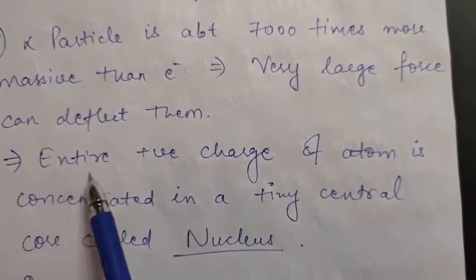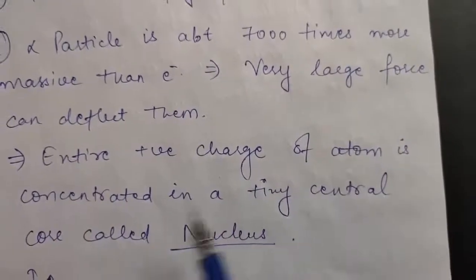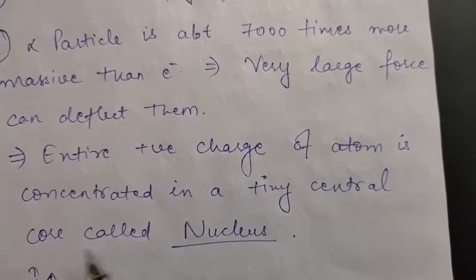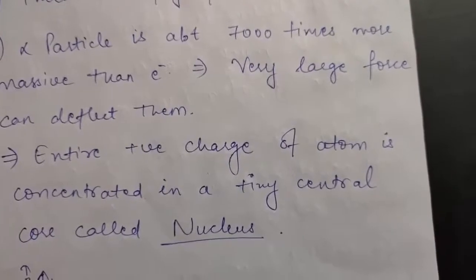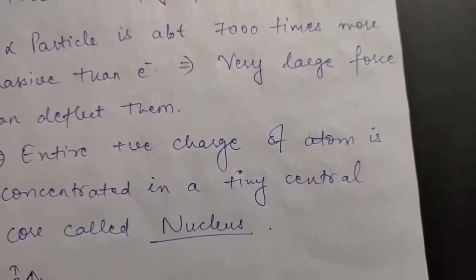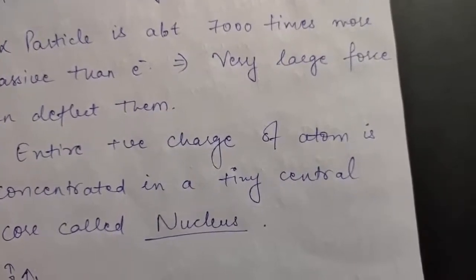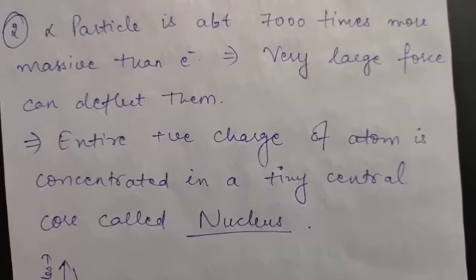Okay, so it was concluded that the entire positive charge of the atom is concentrated in a tiny central core of the atom, which is called the nucleus. That is, if there is an atom, in its core it has a nucleus which has the entire positive charge, and the electrons are revolving around that nucleus.